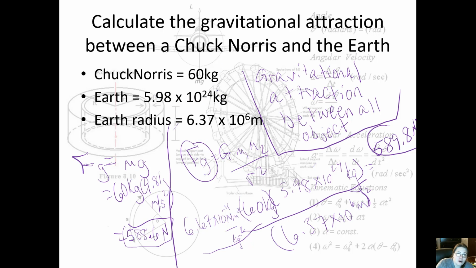Some of these masses are on your reference table for planets and the sun and things. So for planetary bodies, these are on reference table page 1. So please keep that in mind as well.